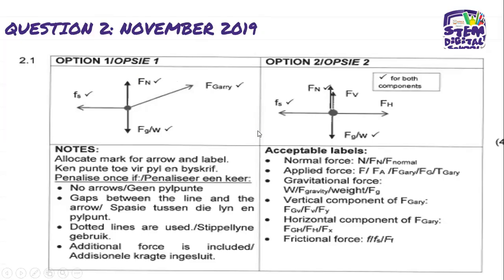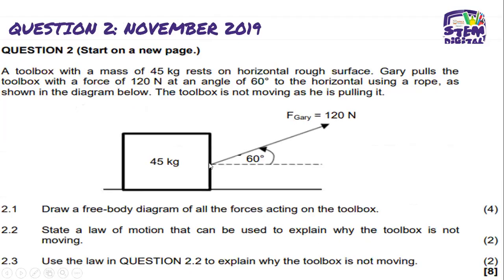In other words, when you are pulling an object at an angle of 60 degrees like this, you are actually pulling it to the right. At the same time, you are also pulling it upwards. So when you have a force and you are applying it at an angle, then it's similar to just saying you are pulling it to the right, and at the same time, you are pulling it upwards.